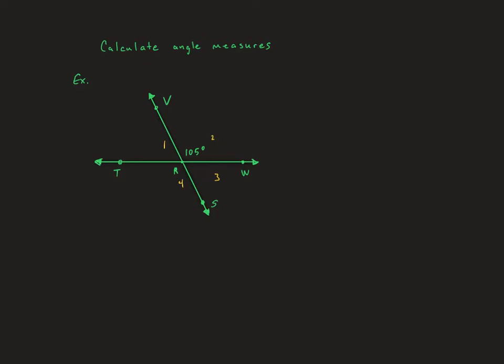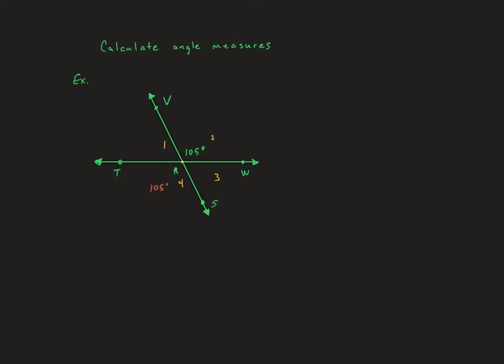Learning what we just said, it looks like we have two lines that are intersecting at one point, and hopefully we remember that those two lines will form vertical angles. Vertical angles are congruent angles. So the vertical angle to 105 here, this angle over here, is also going to be 105 degrees, because it's a vertical angle, and vertical angles are congruent.